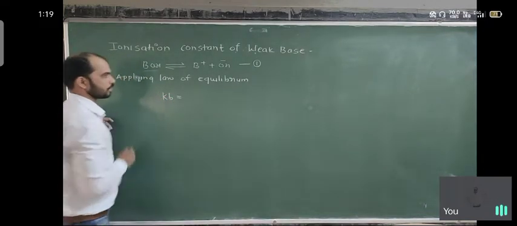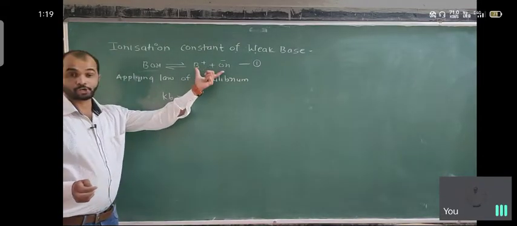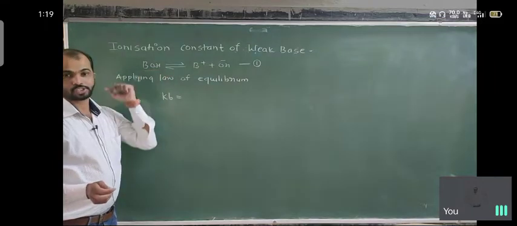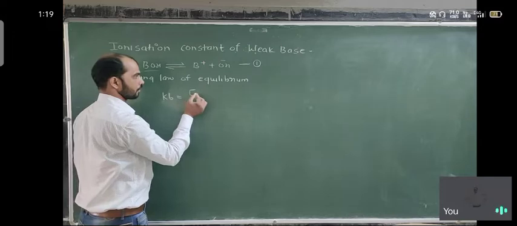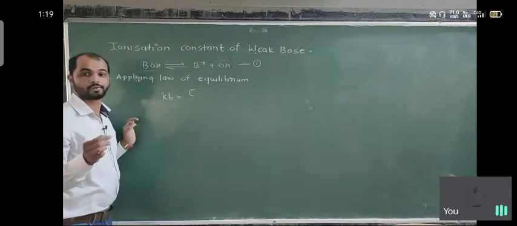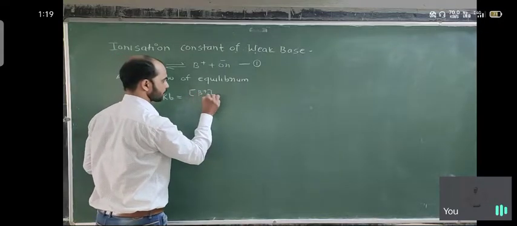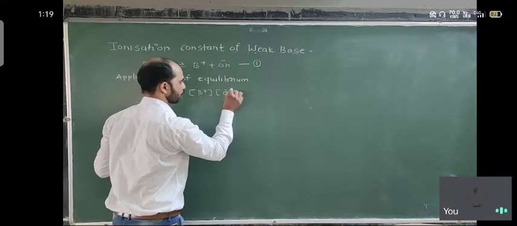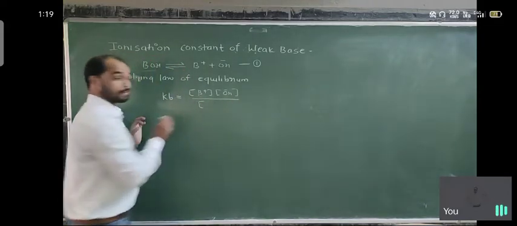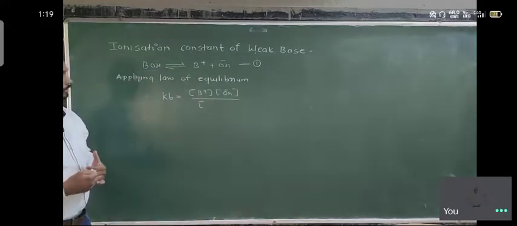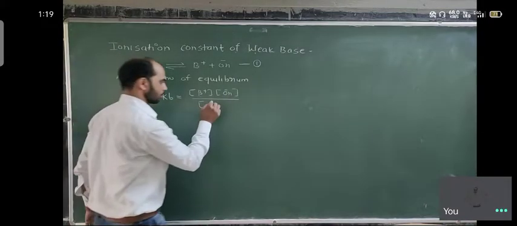So Kb is equal to the ratio of the concentration of products upon the concentration of reactants. First of all we write the concentration of the ionized form: the concentration of B plus into the concentration of OH minus, this is the product side, upon the concentration of the unionized species, BOH.